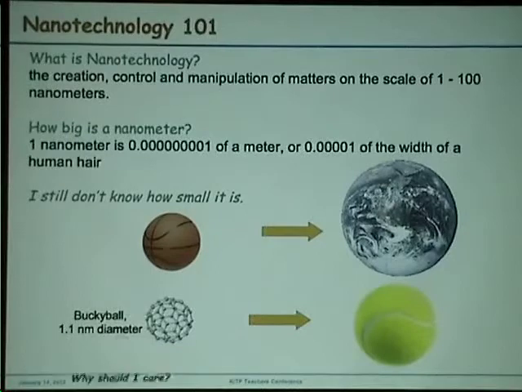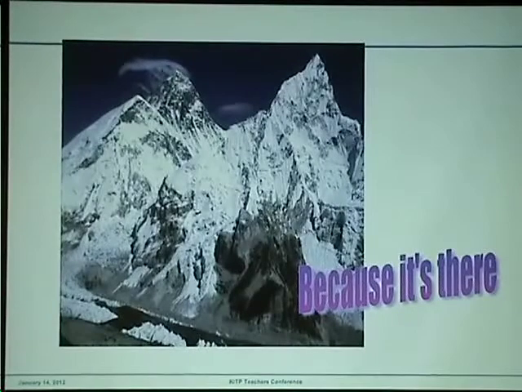Okay, so the next question is always, why should we care? I prepared several answers. The first one is, because it's there. Because it is at the limit currently of human knowledge. It is fun to push the envelope of knowledge a little bit more, to learn more at this fundamental length scale. It's actually a strange length scale.